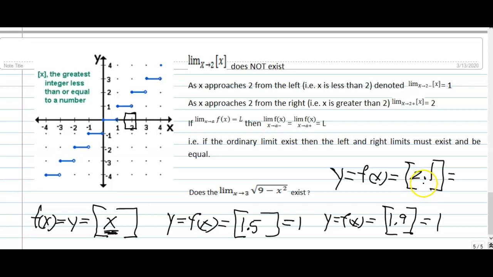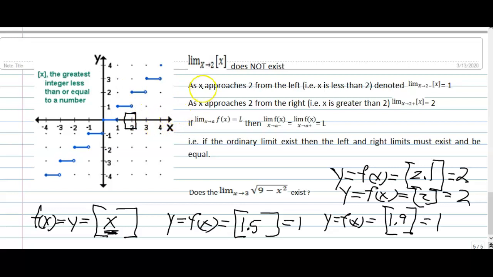So the greatest integer less than or equal to 2.1 would be 2. So when x is 2.1, then y is 2. And likewise, if f of x was equal to 2, the greatest integer less than or equal to what's inside would be 2. So when x is 2, y is 2.